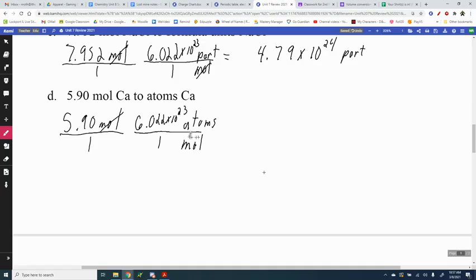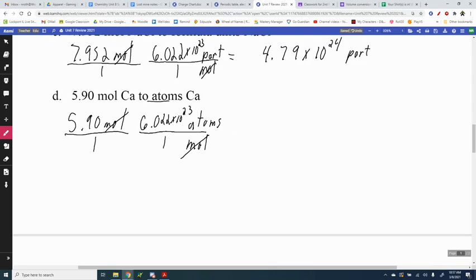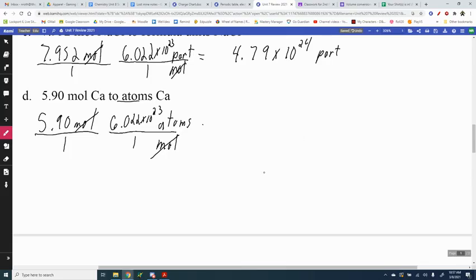Moles cancel out. We're left with atoms, which is where we want to be. So we multiply those together. We get 3.55 times 10 to the 24th particles.